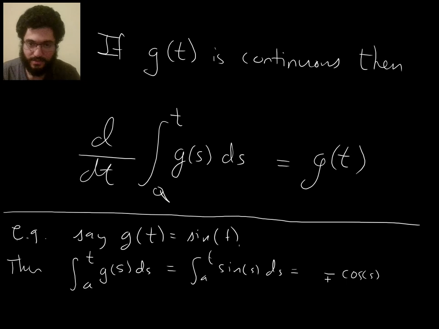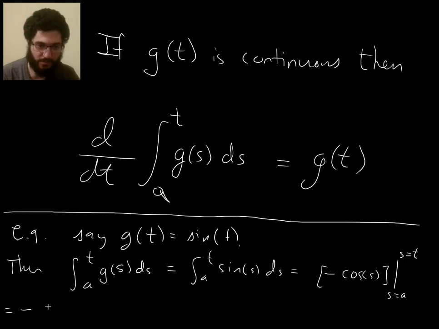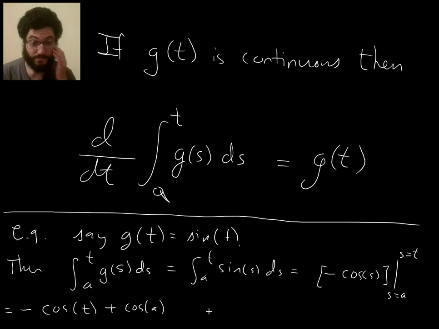And then what we want to do is evaluate from s equals a to s equals t. And that would be negative cosine of t minus negative cosine of a.